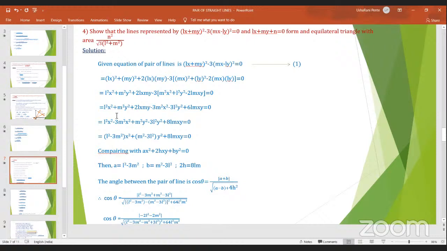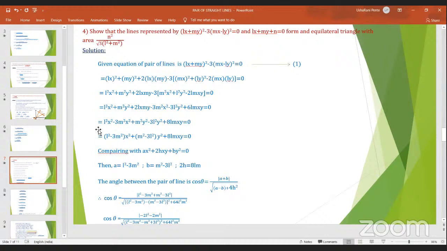Now getting all the like terms together. So l square x square minus 3m square x square plus y square terms, that is m square y square minus 3l square y square, plus 2lm xy plus 6lm xy can be written as 8lm xy is equal to 0.